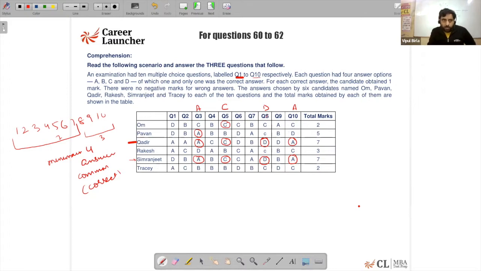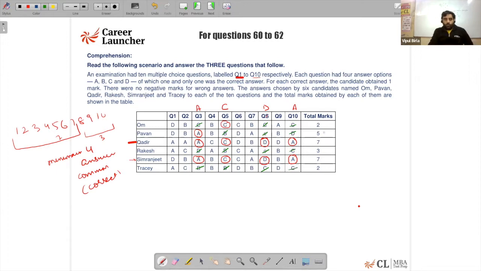So that means I get to know third question, wrong, and wrong. Fifth question, wrong by this, and by this. Similarly, for eighth, this is D option. So everyone has given the wrong answer, except Kadir and Simranjeet. And so as for question number 10th, the correct answer is A.